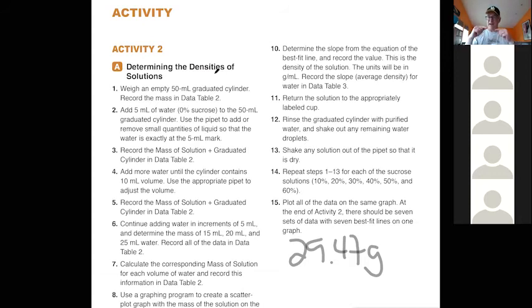And I just keep going. Then I add another 5, and another 5, and another 5, and I just keep measuring the mass, and then subtract whatever the mass of the cylinder was in the first place. Like I said, this just helps you go a lot faster, so we don't have to empty it each time, although it is potentially a slight source of error.